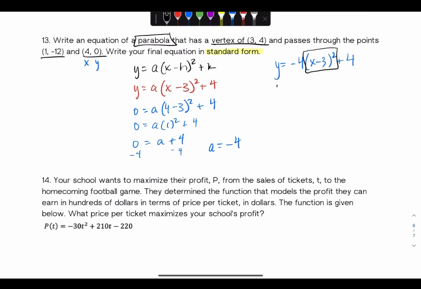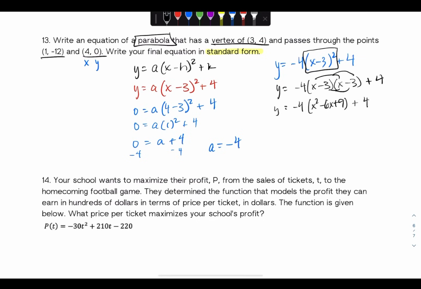So we have y equals negative 4 times (x minus 3)(x minus 3) plus 4. Let's keep working here. That's x squared minus 6x plus 9 if I do the distributive property, and then plus 4.